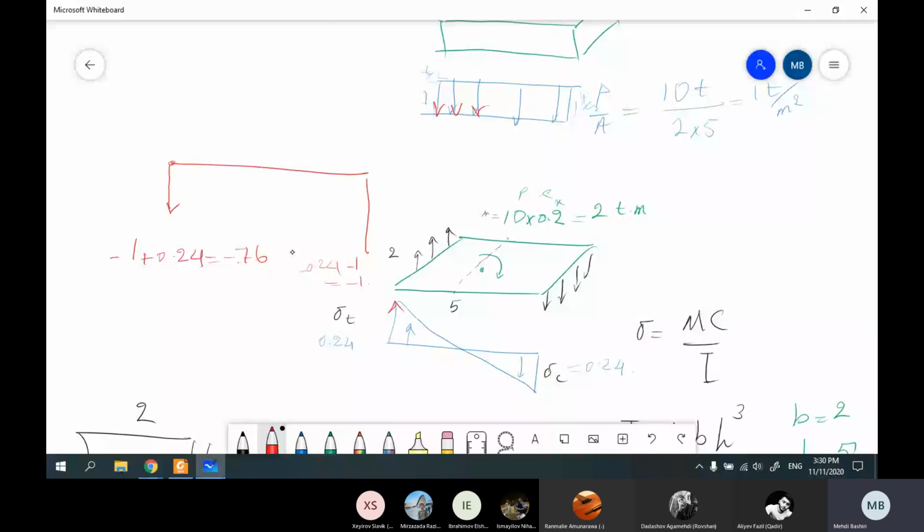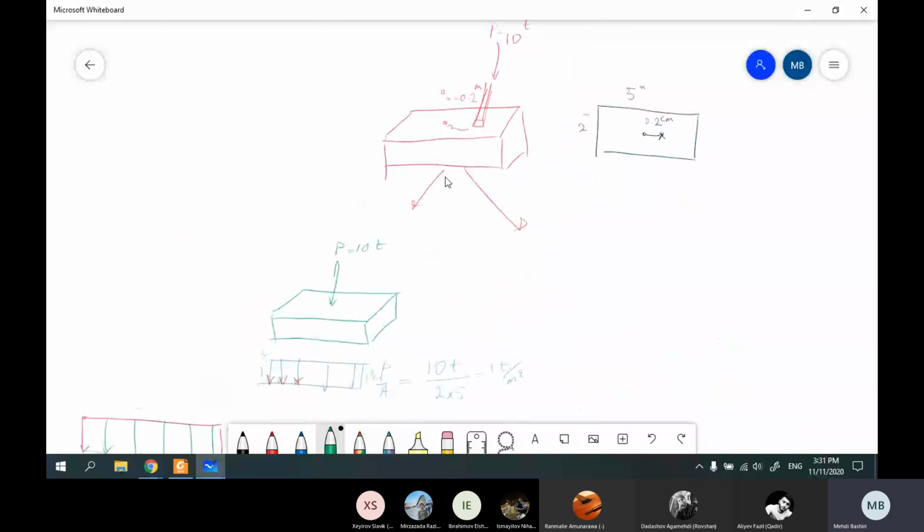What would be the total distribution? Something like this. We can see that the distribution is not equal and uniform anymore. Because of what? Because of the eccentricity.